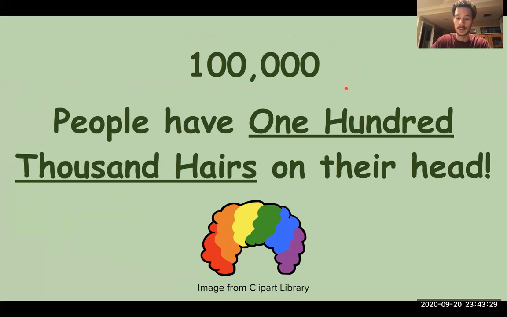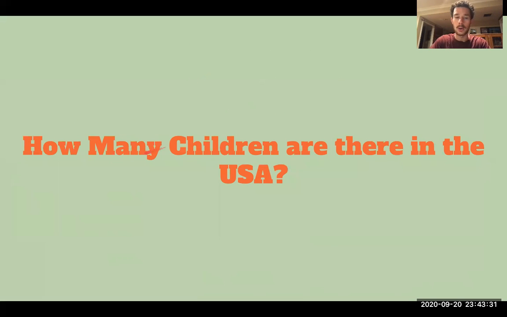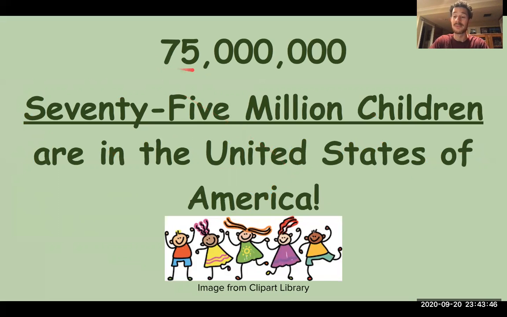That's a lot, okay? Now, how many children do you think there are in the entire United States? So the United States is pretty big. So how many kids like you and me do you think there are? So there's actually 75 million children in the United States, like you and me, okay? And that's a lot.